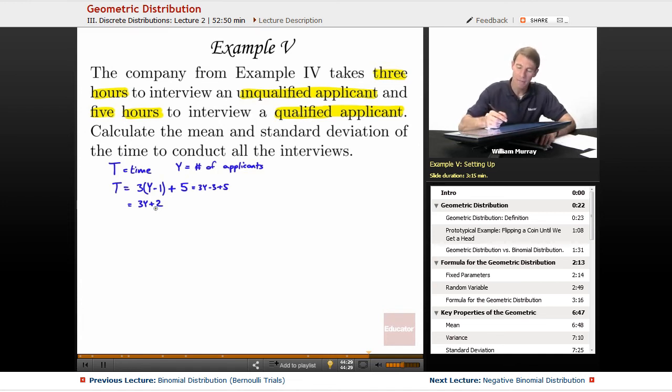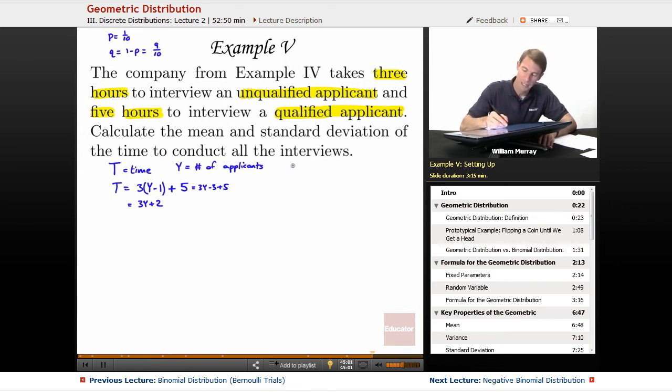Let me calculate first the expected value and the variance of y, because those are going to be useful intermediate steps. So let me remind you here what our P was. Our P was 1/10 for this problem. That's because 10% of the applicants have the right qualifications, and our Q is always 1 minus P, so it's 9/10 here.